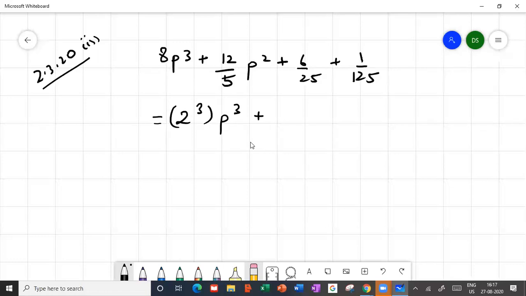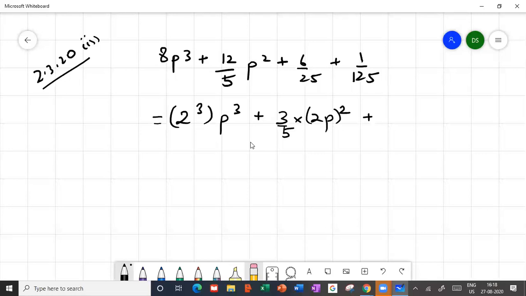What can I write this as? This 12 can be written as 3 into 2p square into 1 by 5. Multiply by 1 by 5, it's 3 by 5.